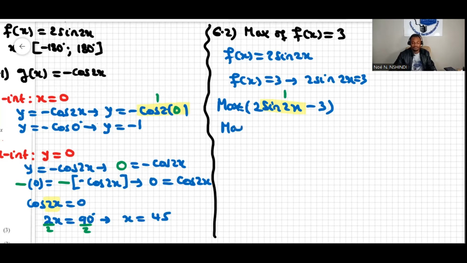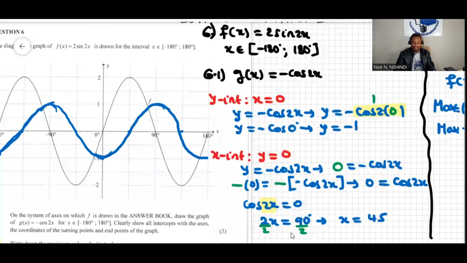So the max of f of x will be equal to 2 times 1 minus 3. Then this will be 2 minus 3, and this is equal to -1. That's the maximum. Then the following question is question 6.3.